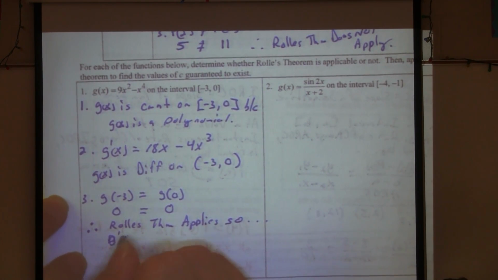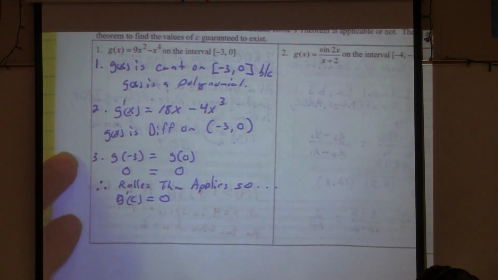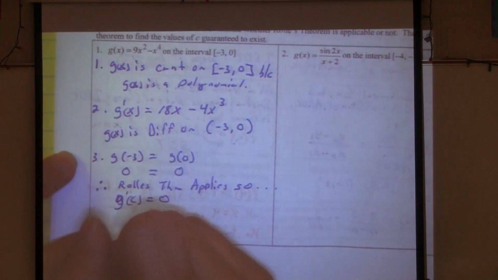So g prime of some number c should equal 0, and we need to find it. Do we already know g prime? Yeah. We set it equal to 0. My God, this is just like finding critical numbers again, right? Okay, so let's see if we can do it.